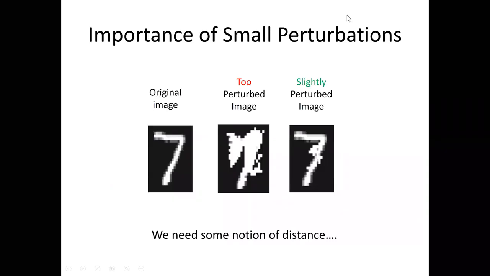Okay. So one issue here with this FGSM business is that, as you can see, there really isn't any notion of distance, right? You are taking the original image, you are perturbing this image, and especially if you do multiple iterations, you may perturb it a bit too much, like the one in the middle here, that you may not even recognize, or you may perturb it like the one on the right, which may actually not be necessary, because typically all the pixels get perturbed, but it's not clear that you actually need to perturb all the pixels by the same amount, like this magnitude.